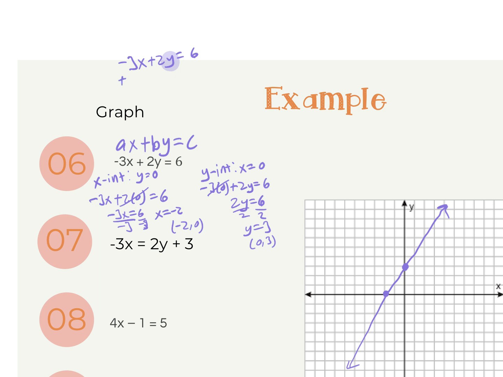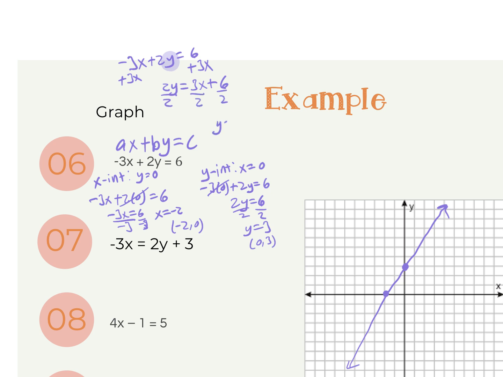So we use reverse order of operations. First let's add 3x to both sides, and then we get 2y equals 3x plus 6. Then for multiplication and division, let's divide everything by 2.